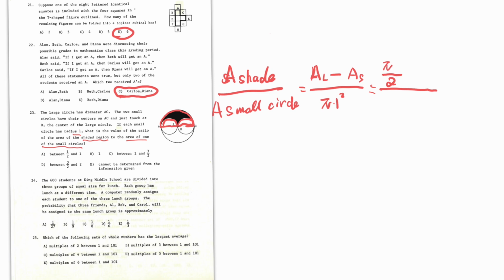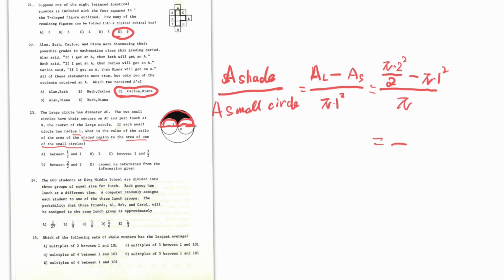The large circle's radius is the same as the small circle's diameter. The small circle radius is 1, so the diameter is 2. So that's pi r squared over 2, minus the smaller circle area, just pi times 1 squared, that's pi.